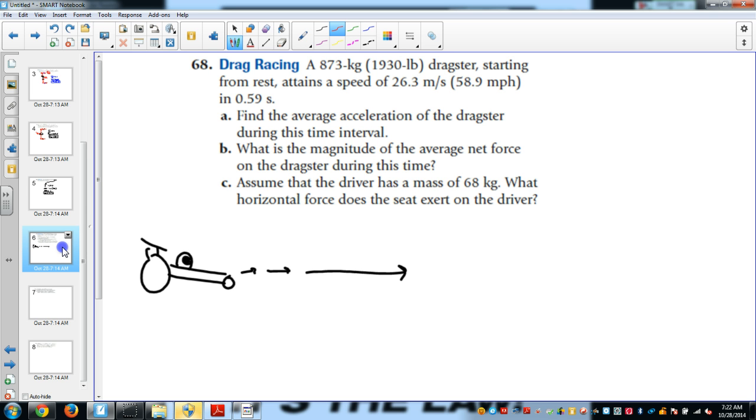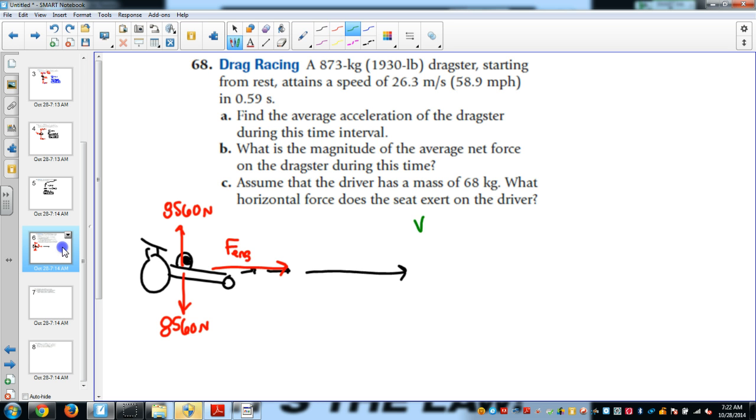So it's got a weight of 8560. Oh, weight, I mean. And I'm sure that the engine is providing some force. It says letter A, find the average acceleration.